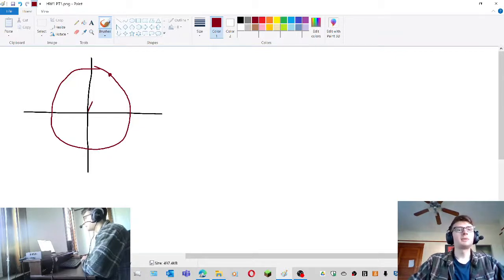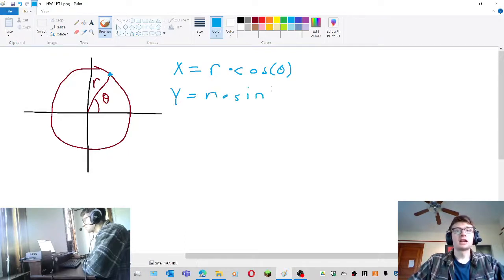Well, I could take the radius of the circle and some angle theta, and then the coordinates of that point, which I'll color in blue, are x equals the radius times cosine of the angle theta, and y similarly is r times sine of theta. These are the x and y coordinates of that angle theta.